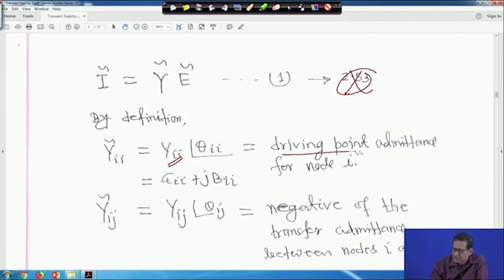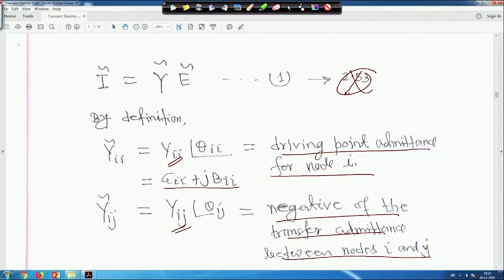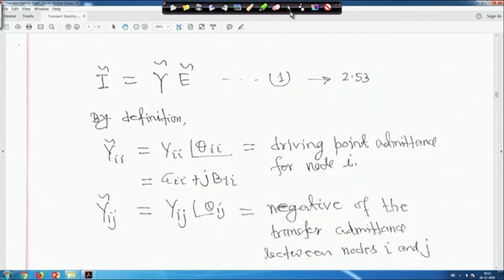This is called the driving point admittance for node i, equal to Gii plus jBii. And Yij tilde is equal to Yij angle theta ij, where Yij is the magnitude and theta ij its angle. It is the negative of the transfer admittance between nodes i and j. This also you know from load flow studies. This is equation 1.